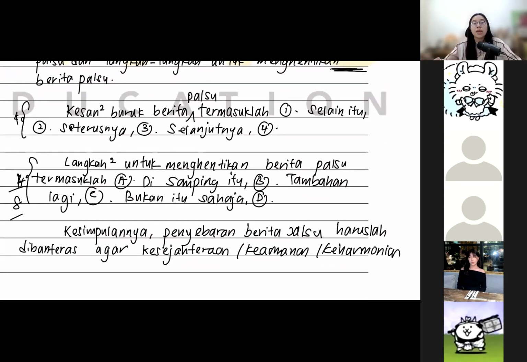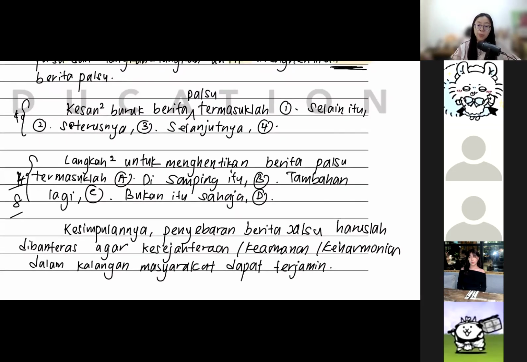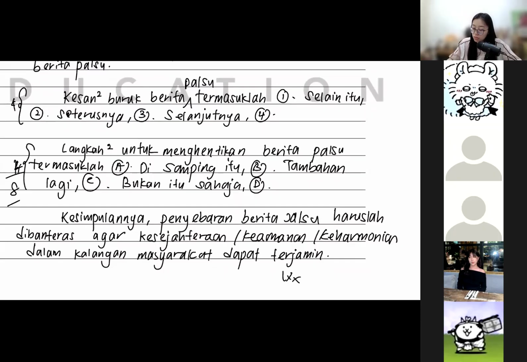So you can say kesejahteraan atau keamanan atau keharmonian dalam kalangan masyarakat within the society dapat terjamin. You can say dapat terjamin atau dikekalkan also can. Atau terjaga also can. And then remember the word counts.